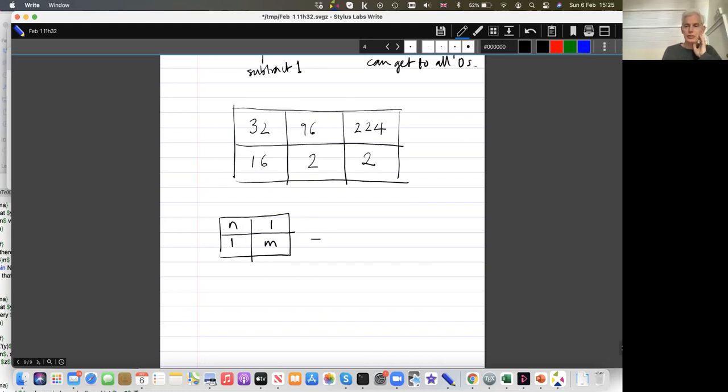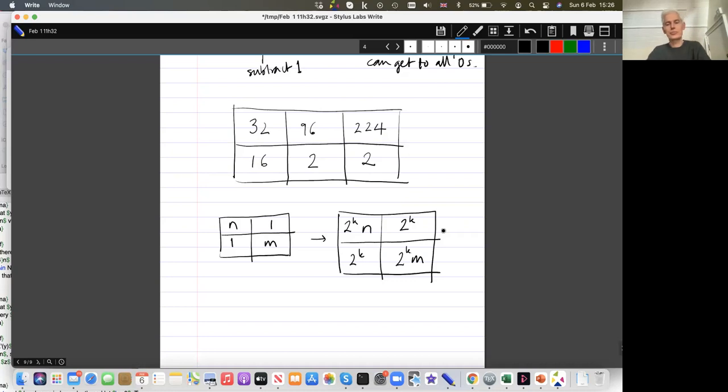So I can certainly turn that into, let's just multiply everything by 2 to the k or something. And I am probably missing some invariant, so maybe there is something where I've got to keep control of some invariant, but I'm not yet noticing.